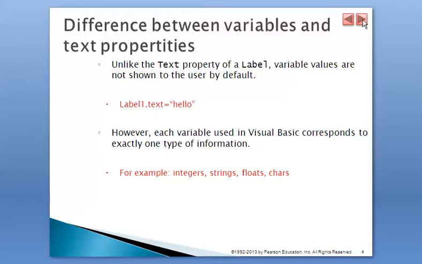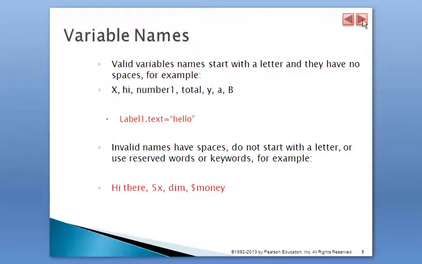Now, when we define a name for a variable, we need to be sure that the name starts with a letter, like in the examples that I'm giving there. A very common mistake is that somebody starts the name with a number or with another special character like the dollar sign, or puts spaces like I had in the example there.